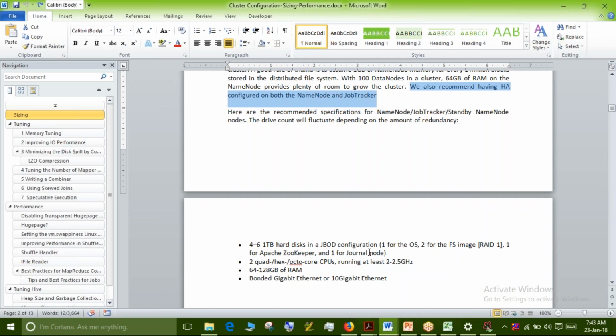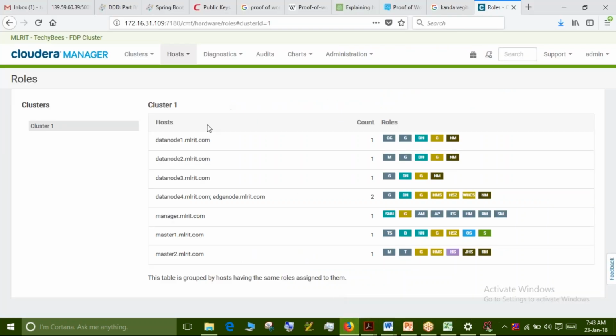But other than this one, you can set up your Hadoop cluster on any hardware. That is what I was showing you. These machines are plain normal desktop machines on which we have set up the cluster here. Whatever you are seeing now, these are plain old normal desktops which you use as part of the educational institutions. You know very well what configuration will be there.